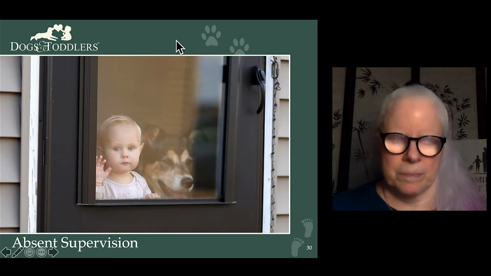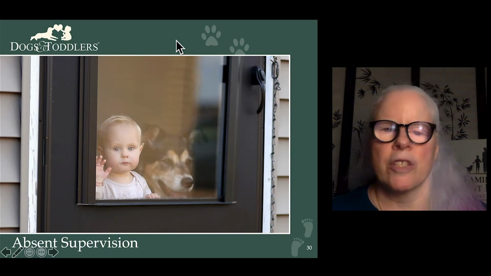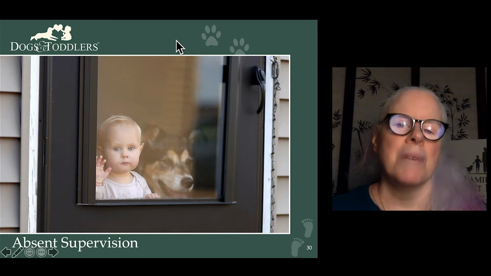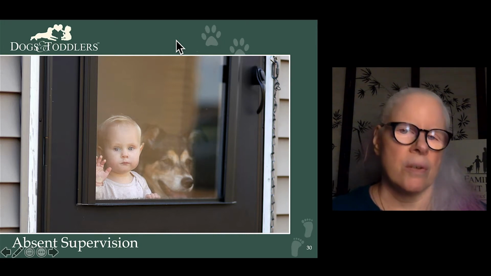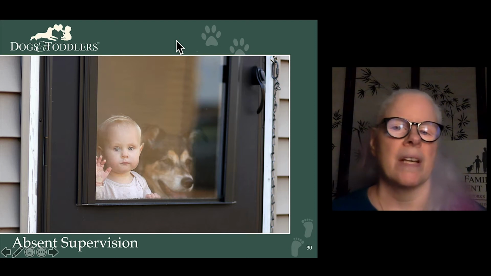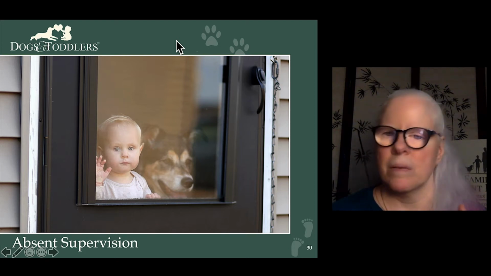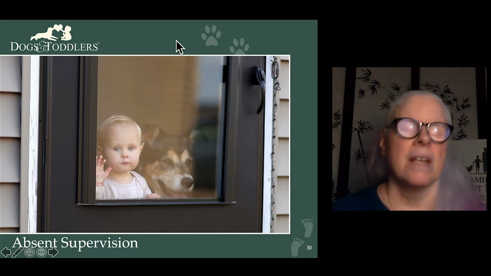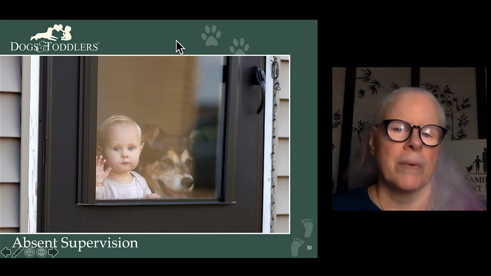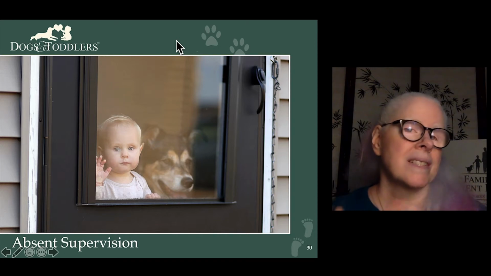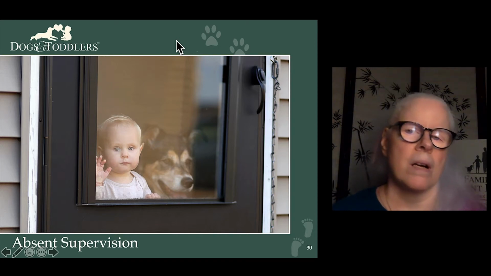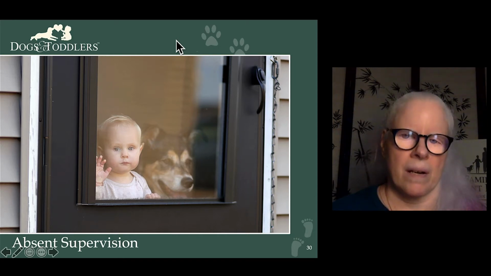Absent supervision. What does absent supervision mean to you? To me, it means when an adult steps away, when they are not there. They are absent from having their eyes on the child. They are in another room, they are asleep, they are not aware, right?